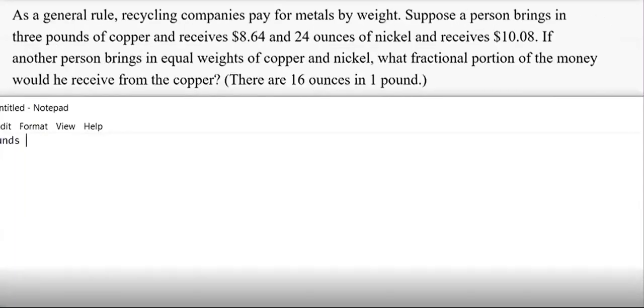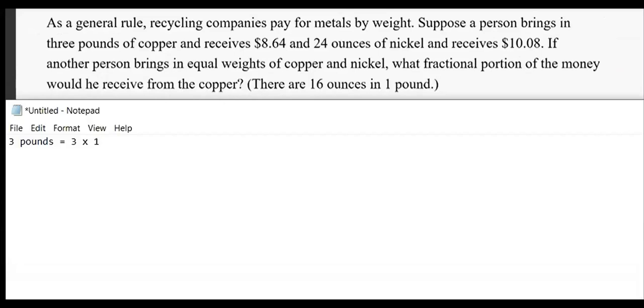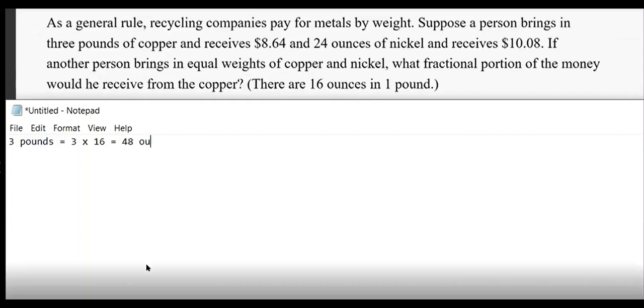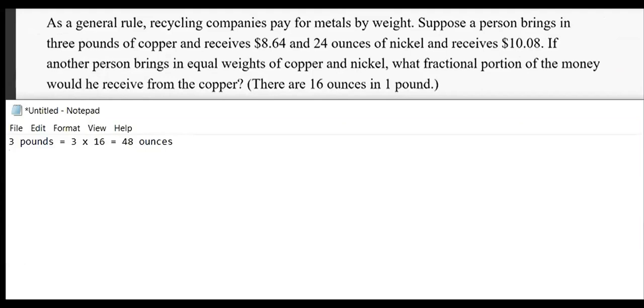One of the questions was this one as well, right? It says that a recycling company pays for metals by weight.